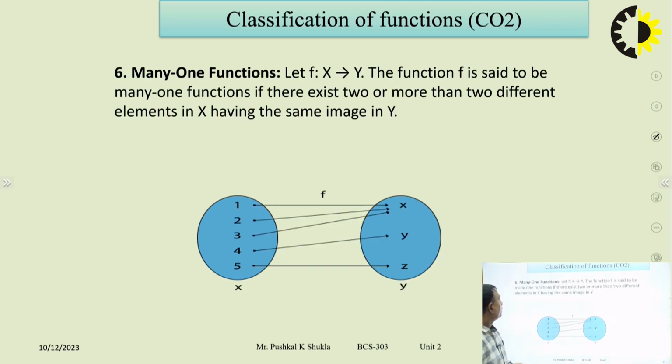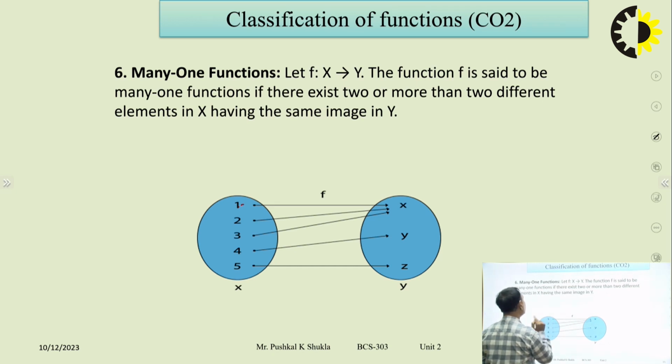Many-one function. Let f from X to Y, the function f is said to be a many-one function if there exist two or more different elements in X having the same image in Y. So here elements 1, 2, 3 have the same image, that is x.